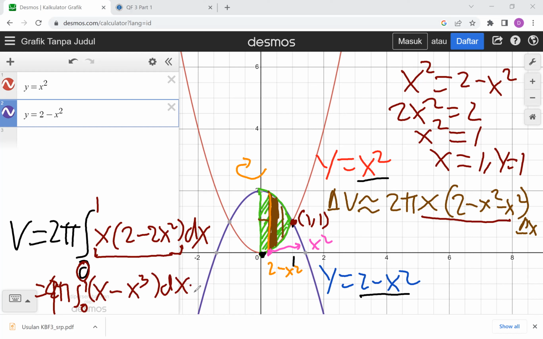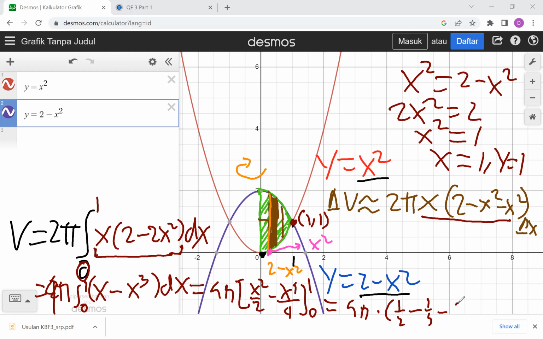And in that case, we have 4 pi times x squared over 2 minus x to the power 4 over 4, from 0 until 1. So you'll have 4 pi multiplied by half minus quarter minus 0. That will be pi. So the volume will be pi, right?